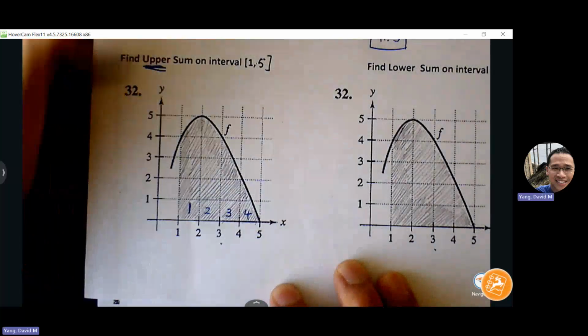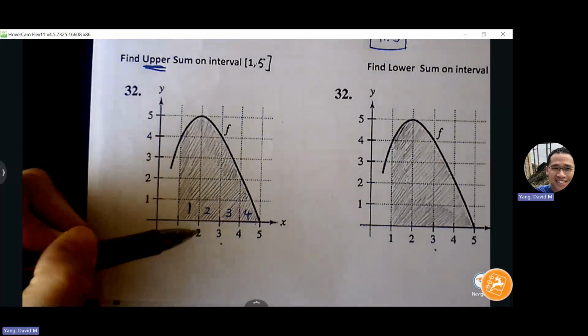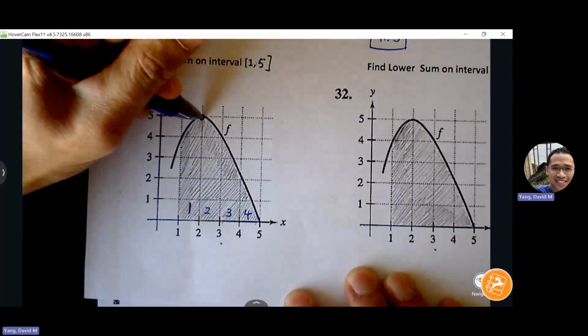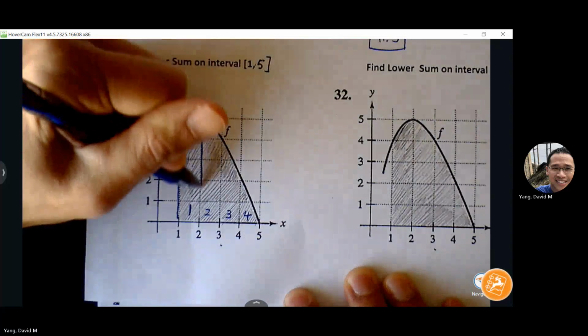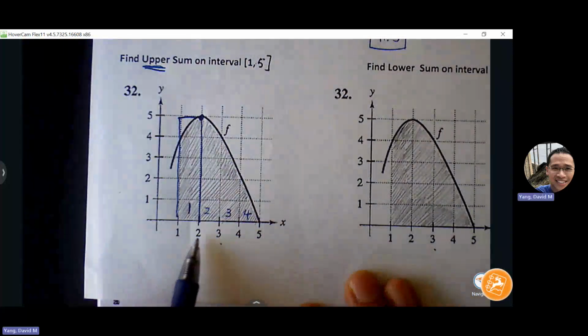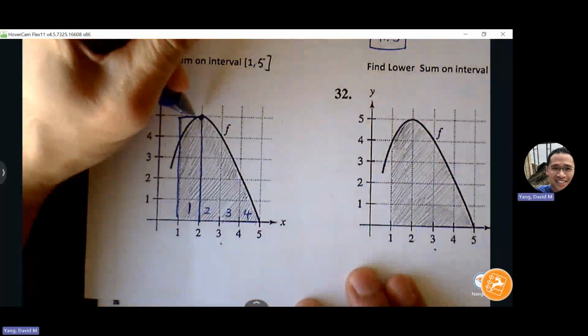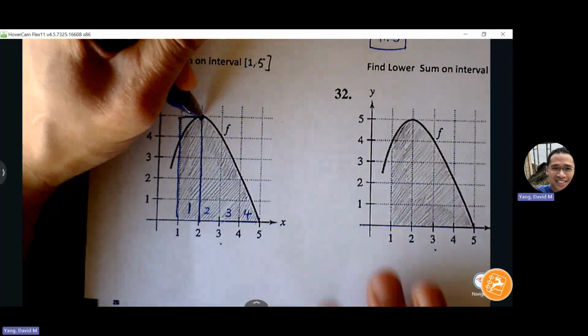Upper sum: for each subinterval, you want to choose the higher of the 2 heights. Between 1 and 2, which one has the higher height? 2. So you want that to represent the height of your first rectangle. Between 2 and 3, which one has a higher height? 2. So we're going to use f of 2 to represent the height of both the first and the second rectangle.